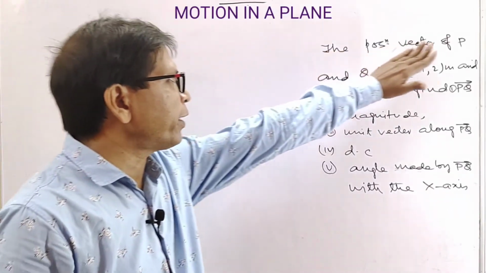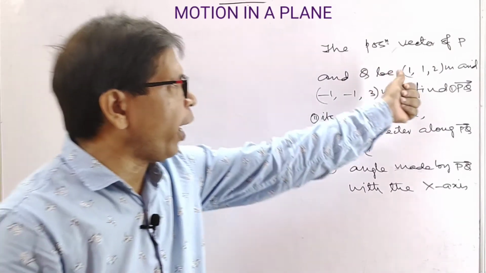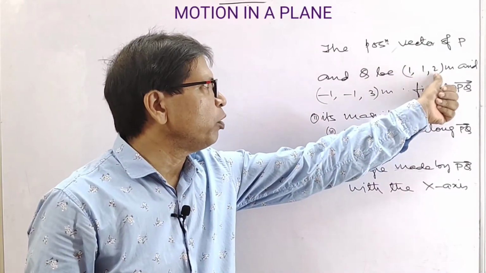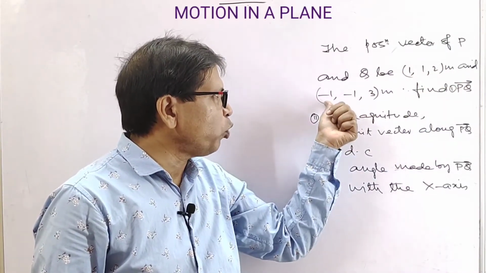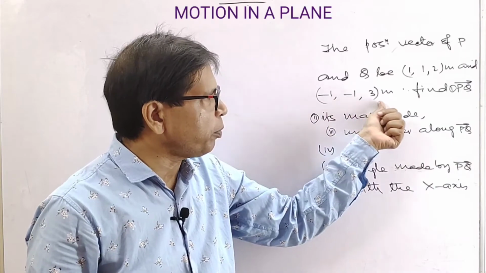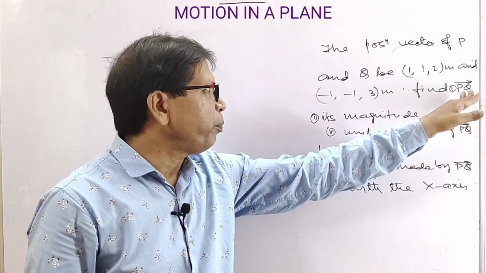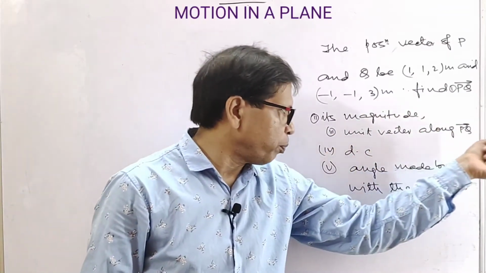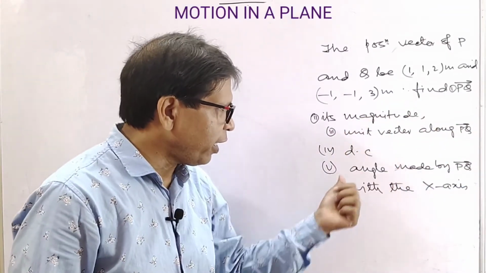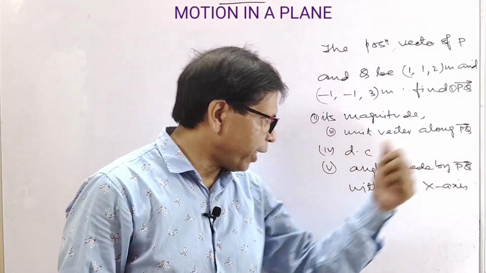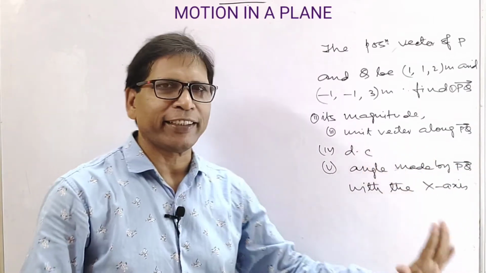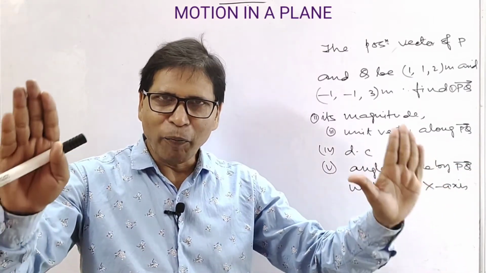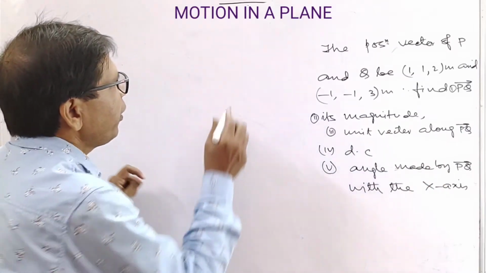Now a numerical. The position vectors of P and Q are 1, 1, 2 meter and -1, -1, 3 meter. Find the PQ vector, its magnitude, the unit vector along the PQ vector, the DC, and the angle made by the PQ vector with the x-axis. Okay, now look at this figure.